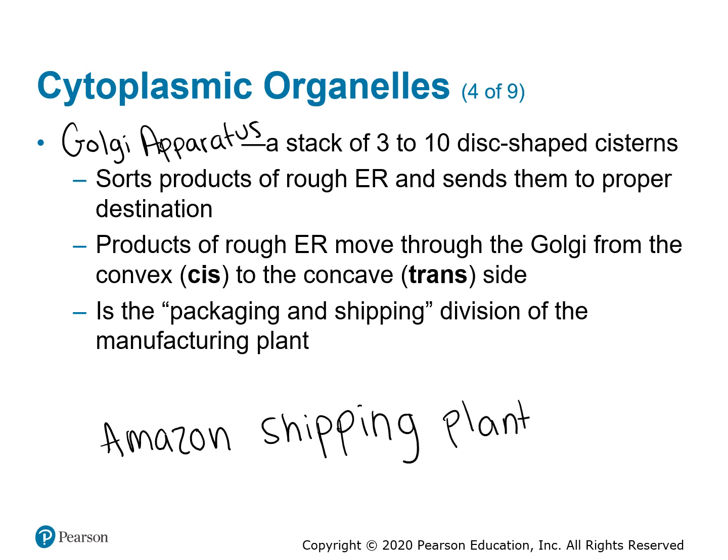Essentially, what happens is that products that are produced in the endoplasmic reticulum, whether that be a protein, whether that be a lipid, whatever it is, comes in from the convex, the cis side of the Golgi apparatus, gets packaged in what we call vesicles, and then gets spit out the other side, the concave side.